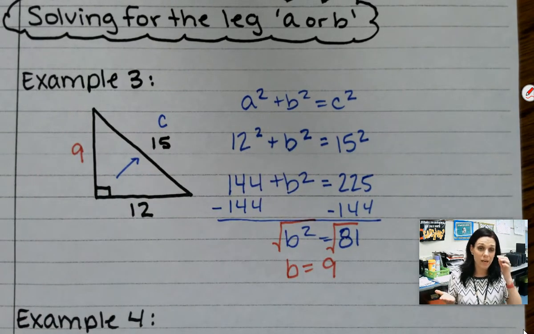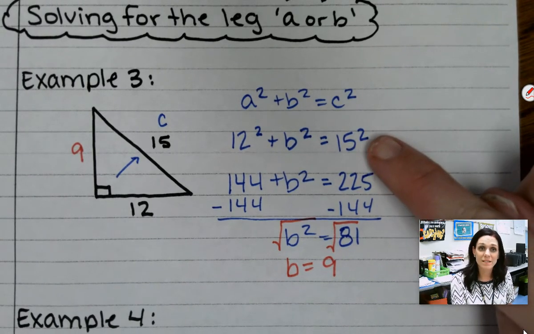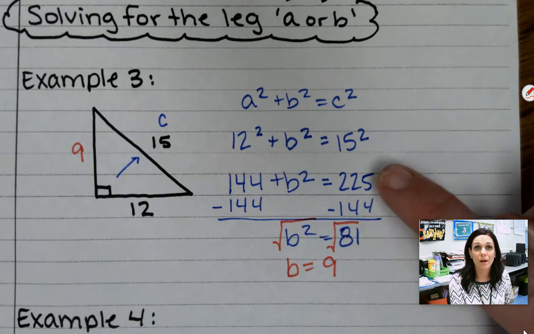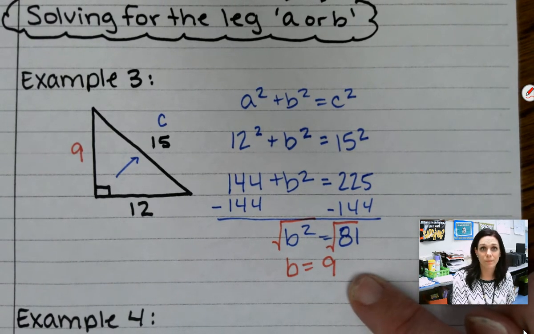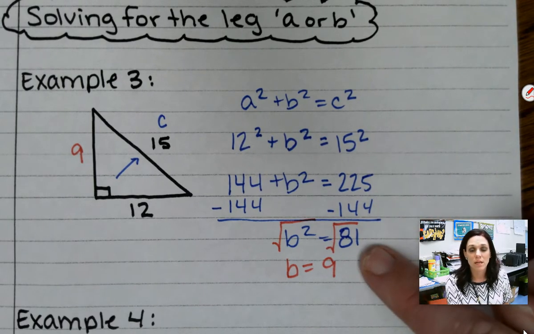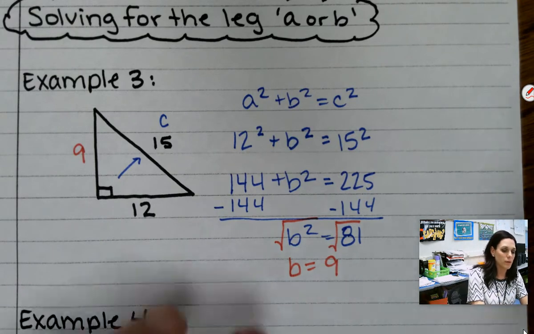Now I want you to take note, every single time we solve for the leg, it is always these same steps. It's my C squared minus the A squared. It is always my hypotenuse squared minus my leg squared. And then I take the square root of that answer. Hypotenuse squared minus leg squared, take the square root, and that is my answer. And I'm going to maybe put that in a little bubble here.